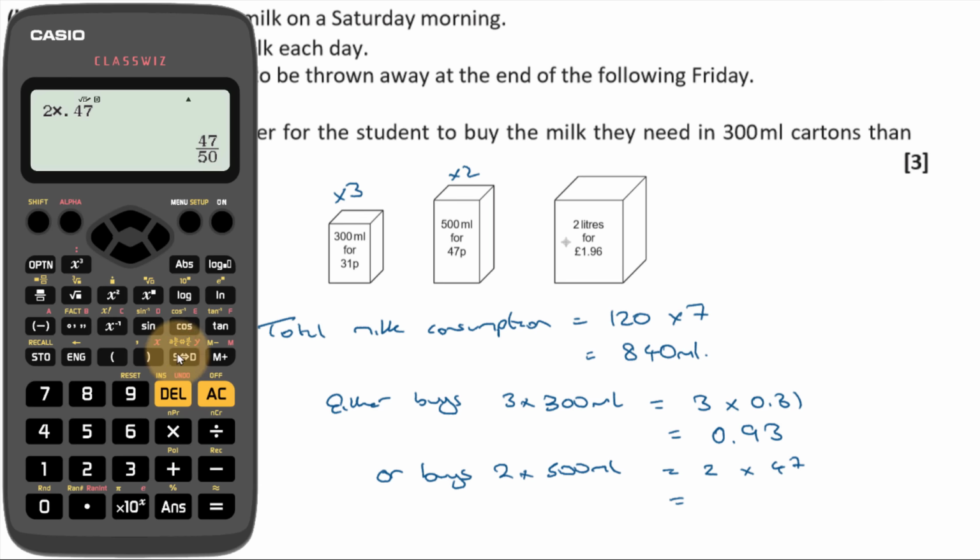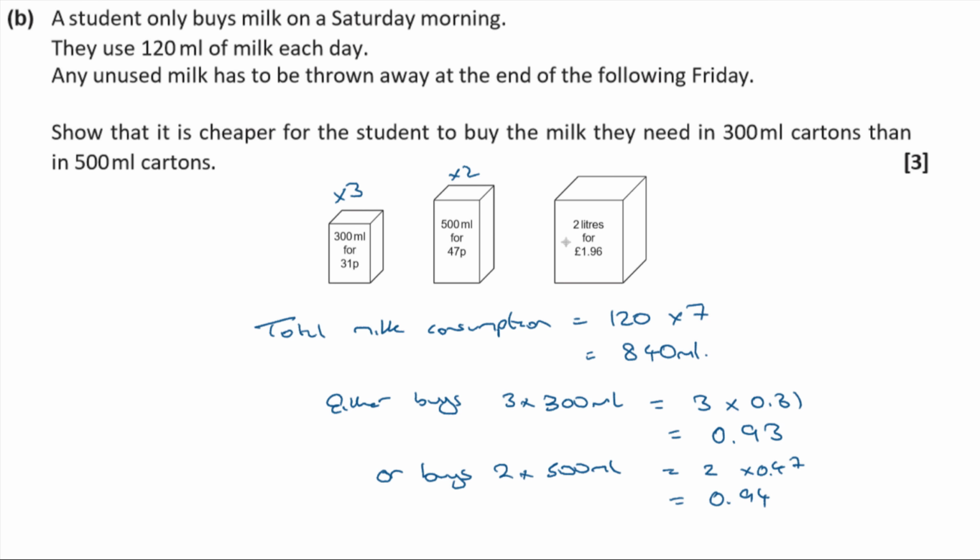You put 0.47 times 2, that comes out to be 94 pence. So it's a penny more expensive. Okay, so at the end of the day, he's chucking away slightly less milk if he buys the 300 millilitre ones, because he's only wasting 60 millilitres, plus he's saving a penny. So that's the better deal then, isn't it?